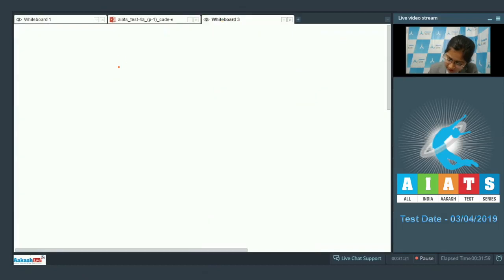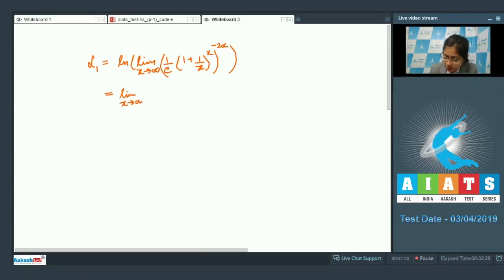That is ln of limit x tending to infinity, 1 by e into 1 plus 1 by x raised to the power x, whole raised to the power minus 2x. We have to find its limit. Let us say it is equal to L1. So this is equal to limit x tending to infinity, taking ln inside, then the power minus 2x can be taken out.